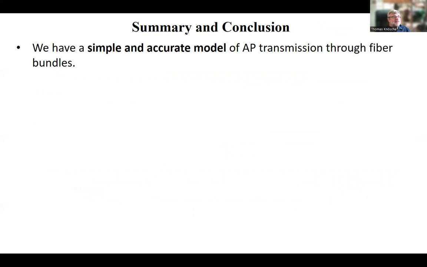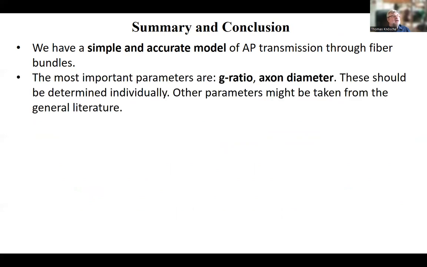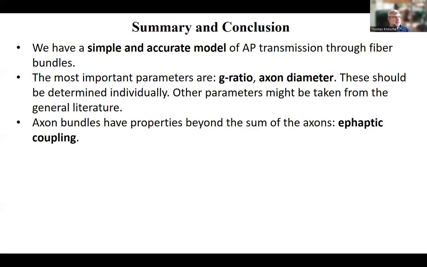So summarizing and concluding, what we do have is a simple and accurate model of action potential transmission through fiber bundles, which is determined most importantly by the G ratio and the axon diameter. These parameters we need individually, while other parameters like node length, for example, might be taken from the general literature.